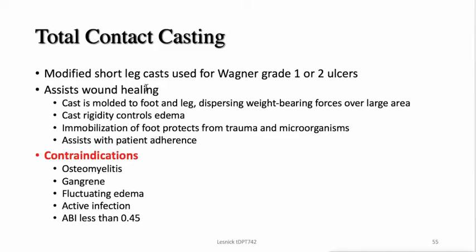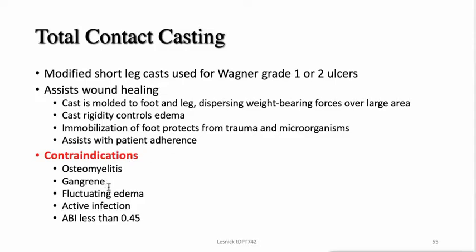A modified short leg cast is used for Wagner grade 1 or 2. These contact casts assist with wound healing, so the cast is molded to the foot and leg, dispersing the weight-bearing forces over a larger area. It also helps control the edema, and the immobilization of the foot protects from trauma, and it assists with patient adherence.